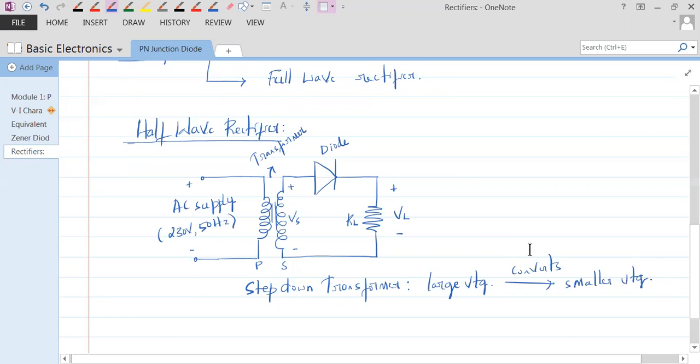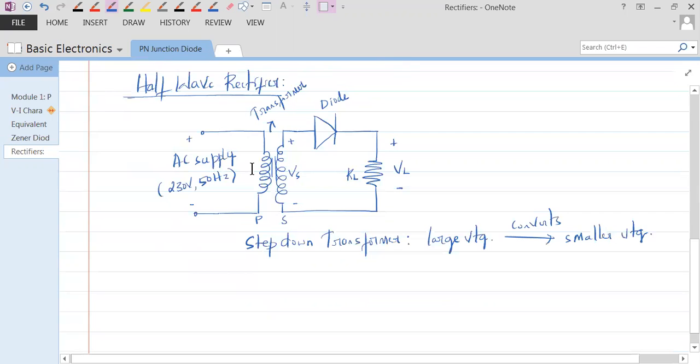Now let's understand, this Vs is an AC voltage, much smaller than 230 volts, and to what voltage it reduces 230 volts depends on the transformer turns ratio. See here you have these turns, right? These are called transformer turns. The turns we have in the primary winding and in the secondary winding decide how much it is going to step down.